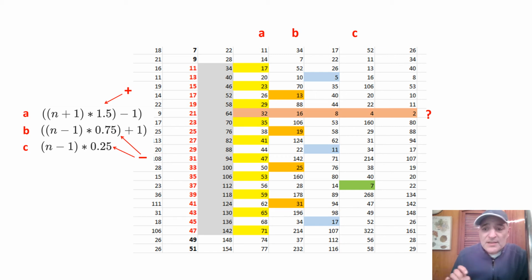You will see that the A and B operations do exist in the conventional sequences. You will get exactly the same odd numbers. For B, in this case, we subtract 1 from the odd number, multiply by 0.75, and then add that one back again. Again, we get a perfect integer, a whole number, a positive integer, and we're good.